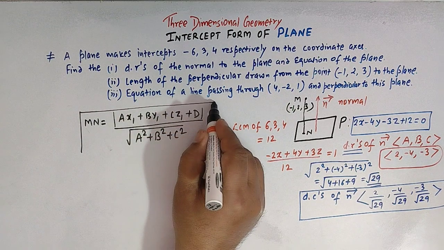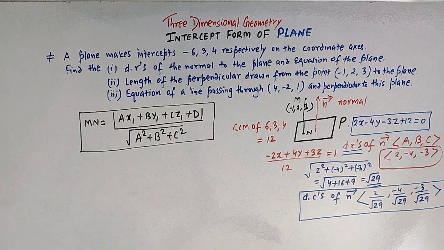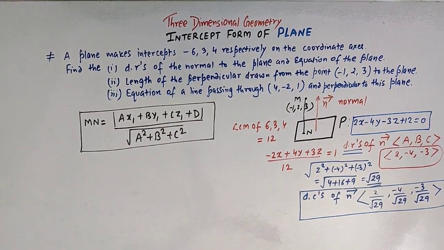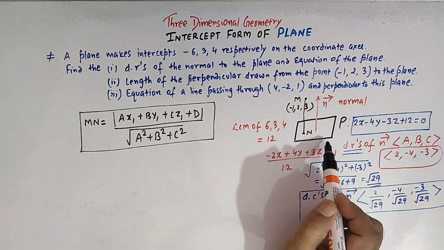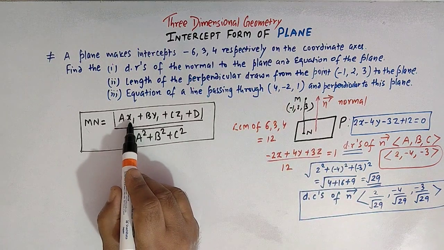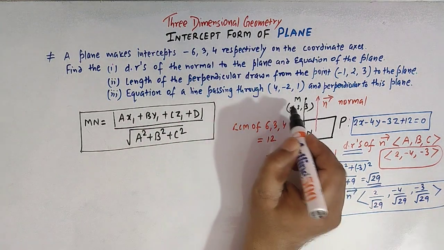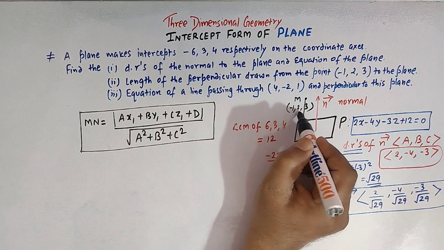So this is the formula for finding out the length of the perpendicular from a given point to the given plane, right? So here x1, y1, z1 are these numbers, right?